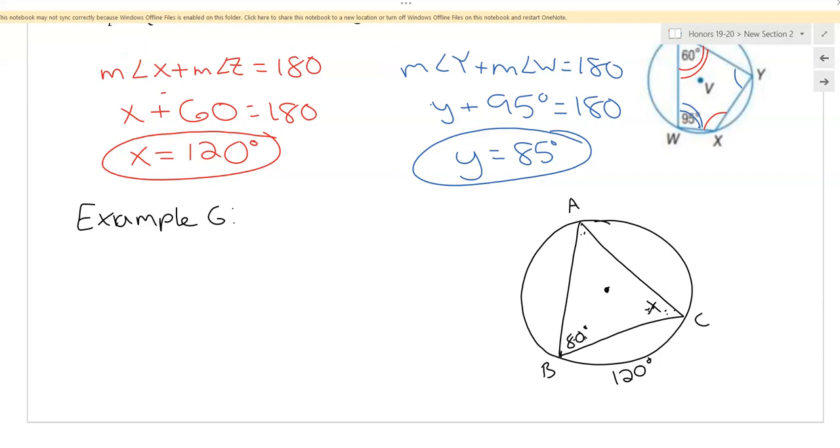So what I'm going to do is go, well, if I look at angle A, this is my arc that creates angle A. So let's put a Y right there for now. Then, right, the measure of the angle equals 1/2 the measure of the arc. So Y equals 1/2 of 120. So Y equals 60 degrees.